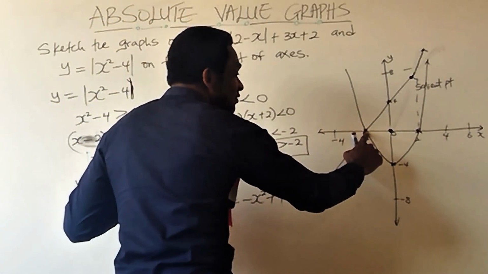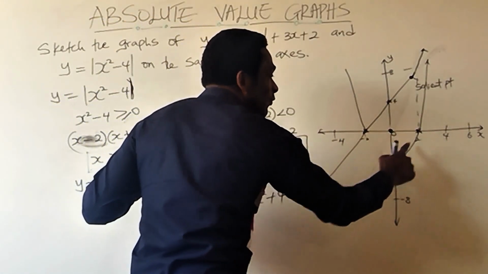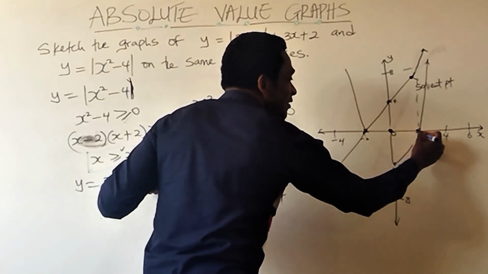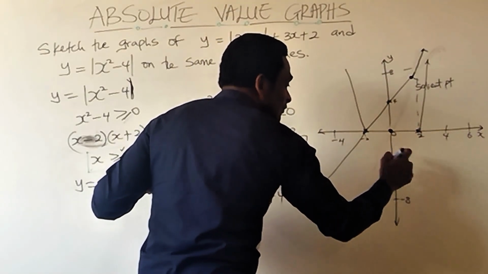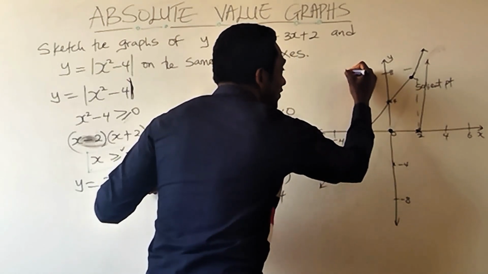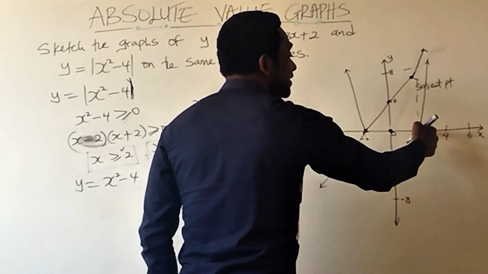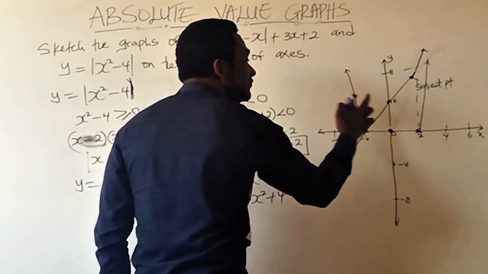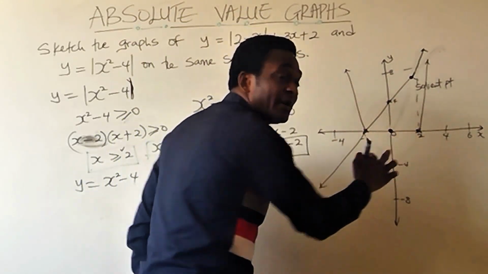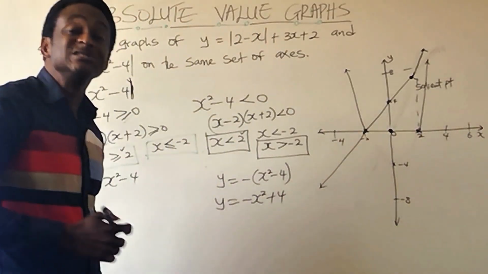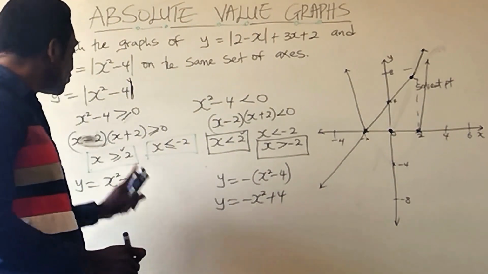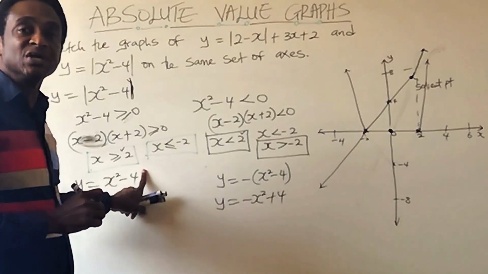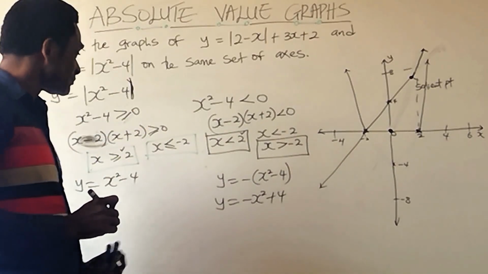So this other part will go away from the graph. Because the graph says that x can only be greater than or equal to 2 or less than or equal to negative 2. So we only have these two parts. The curved part of that graph must be wiped away to fulfill the restriction given for the absolute bar.